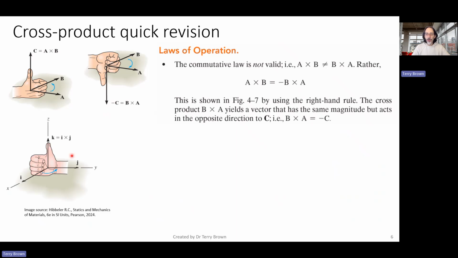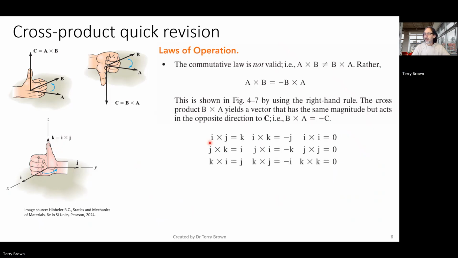So you need to remember your IJK or your unit vector notation, and you should hopefully remember that if you do I cross J, you get positive K. Whereas if you do J cross I, you get minus K. And I've shown that here, so I listed them all out, all the I cross J, J cross K, etc. And if you do the cross product of vectors along the same line, you get 0.